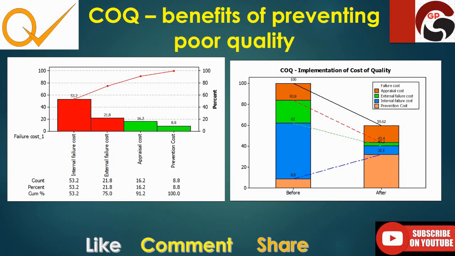So you can see the prevention cost has increased. Most of the prevention activities were not followed earlier, which means there was no cost to implement preventive activities. After reducing the internal failure cost and external failure cost, the cost has been given to prevention activities like quality planning and training, putting in SPC or control plans, doing all the process capability studies, new product review and risk assessment, so defect prevention activities.